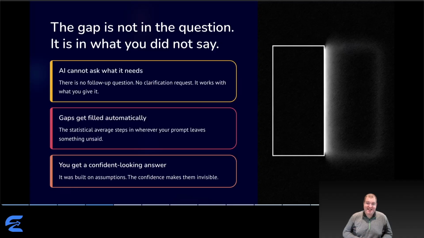Then it delivers that answer with complete confidence. And that's the part that catches people. The output looks authoritative. It sounds like the model knew what it was doing. But underneath that confident surface, every gap you left in the prompt became an assumption in the output. You just can't see where the assumptions are because the answer doesn't label them.